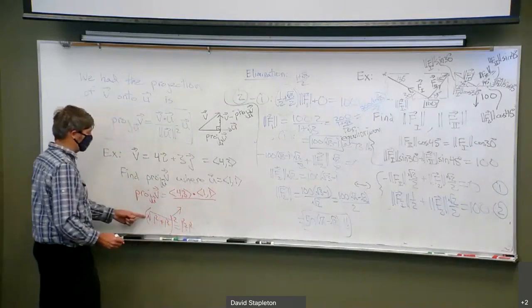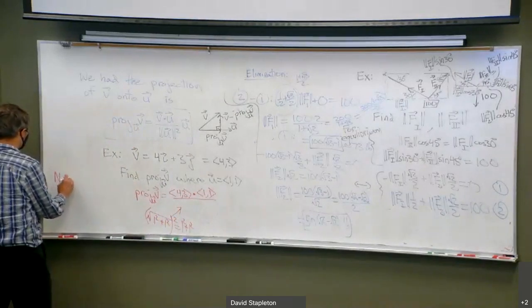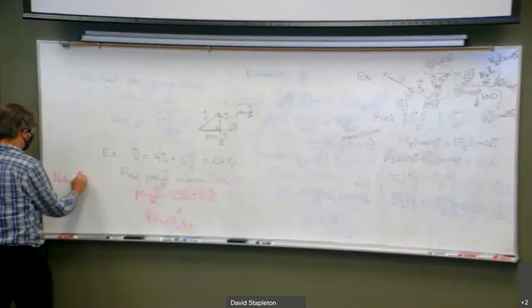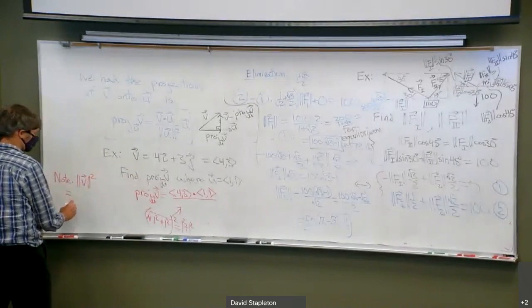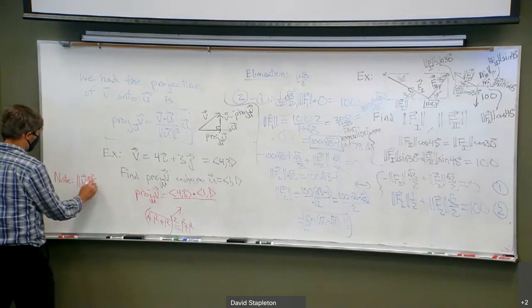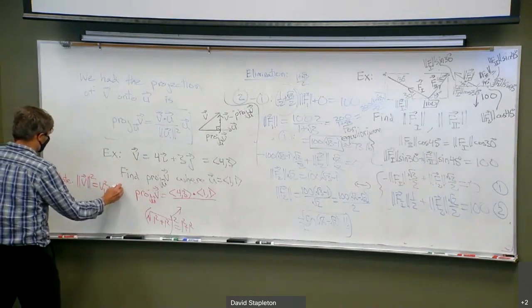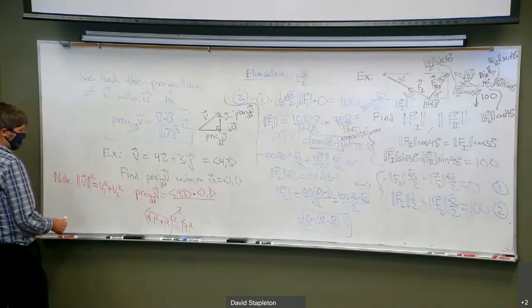Whenever you have a vector, you have this important note. If you take the length squared of any vector, it's just first component squared plus the second component squared. Because the length is the square root of this, the square of the length is just the sum of the squares here.